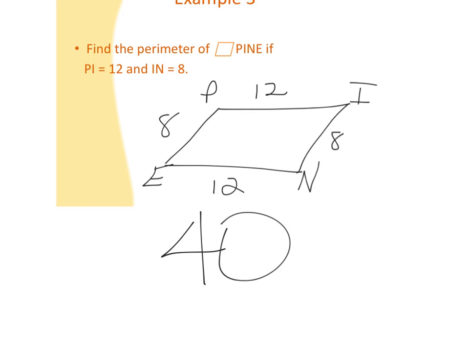So again, if you want to keep a running document that's got all of these characteristics, then it won't be so overwhelming once we start seeing squares and rectangles and trapezoids and kites and rhombuses. There's quite a few quadrilaterals that you're going to need to memorize all of their characteristics.